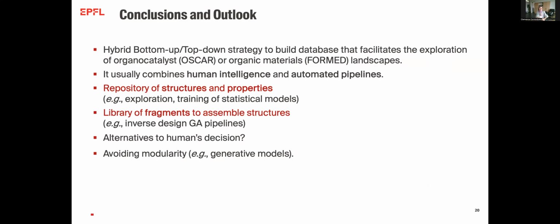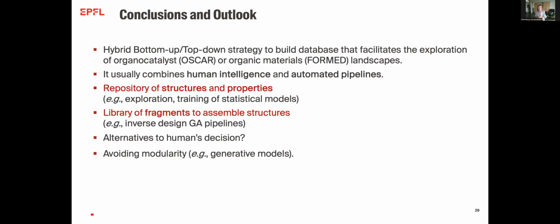I showed you that it usually combines human intelligence and automated pipelines. Those are repositories of structures, but also of properties. And they are also simply a library of fragments that can be assembled in the inverse design genetic algorithm pipeline.